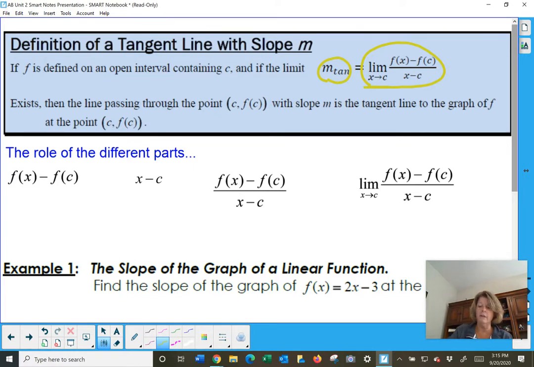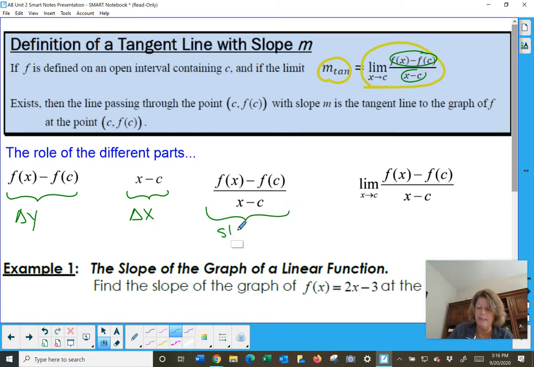The role of the different parts. What role did each of these parts play in getting us there? This really describes the change in y, doesn't it? Vertically, we had y2 and y1. X minus c really describes the change in x. This describes the slope of a secant line.